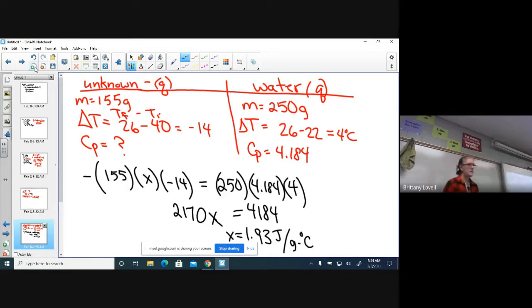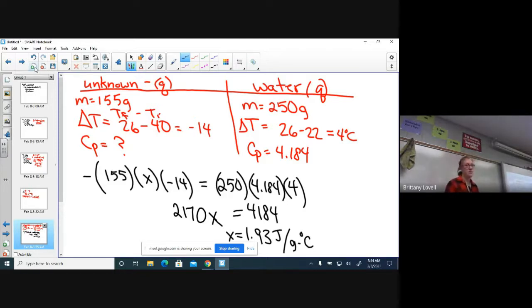Okay, that's the specific heat of our unknown substance. I will probably do one more problem that you can look at later if you want to get online. Otherwise, that's how you're going to do all of these problems on number 2. You just look to find the unknown, whatever it is they're asking about, you let that be your X and solve it.